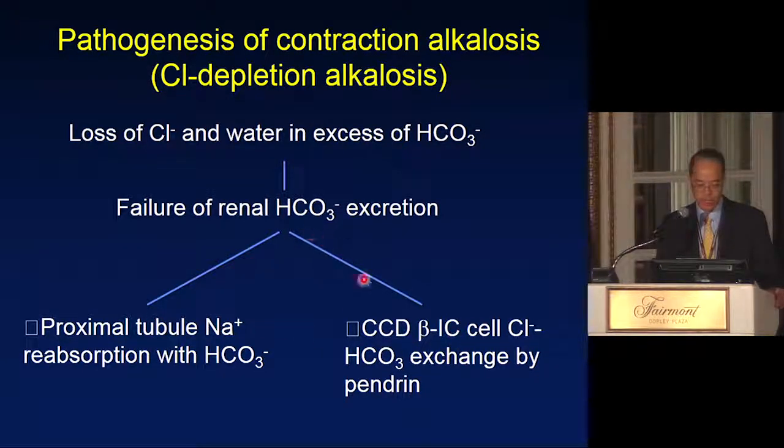And then as there's less chloride or no chloride being delivered to the collecting duct, where chloride is normally reabsorbed in exchange for bicarbonate secretion in beta-intercalated cells by a transporter called pendrin, you can't get rid of bicarbonate by this route, and so again you retain bicarbonate. So volume contraction tends to impair the ability of the kidney to excrete bicarb.